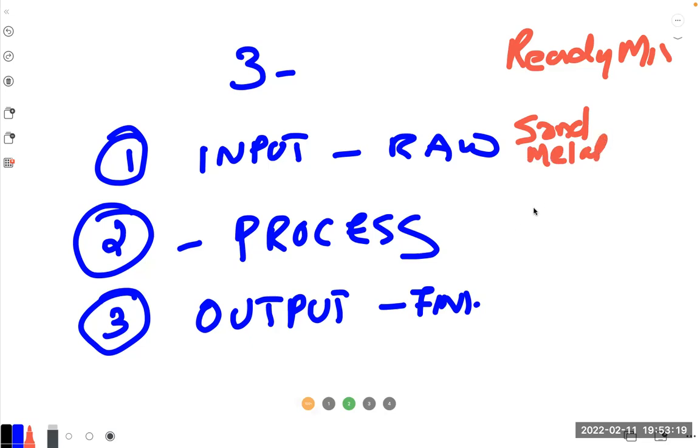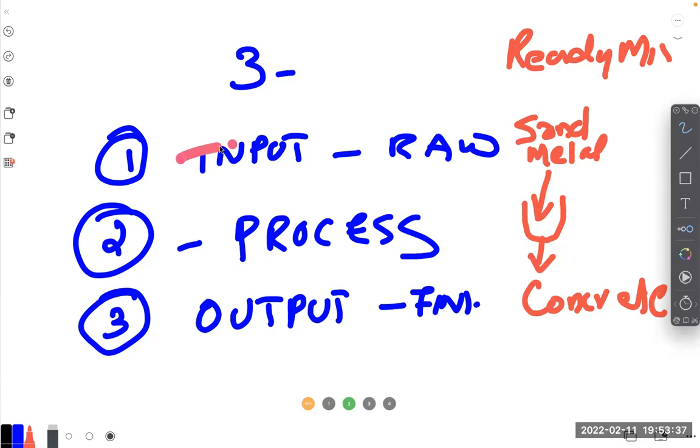Then you will put all of these things in a big cylinder kind of thing, and then you will get an output that is concrete. This is the process. So input, process, and output. These are the 3 things that we will do.